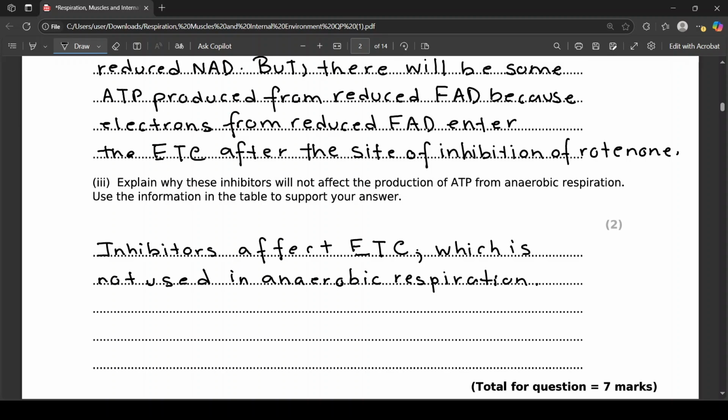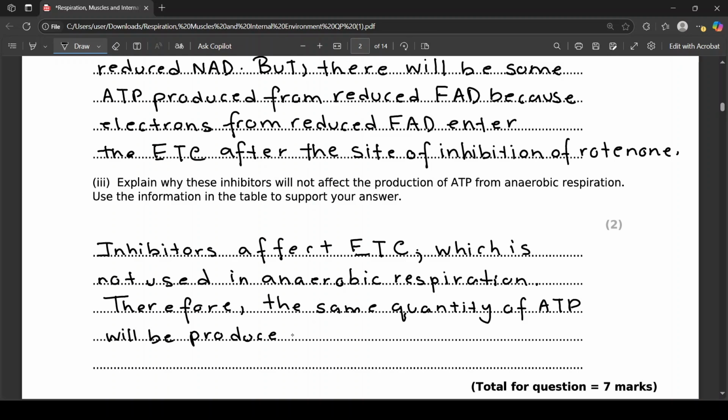Then, therefore, the same quantity of ATP will be produced from substrate level phosphorylation in glycolysis.